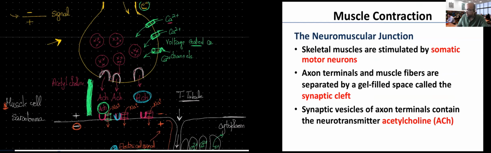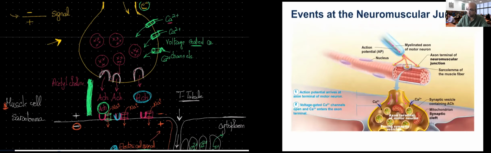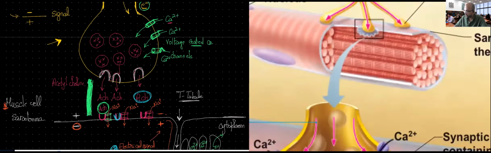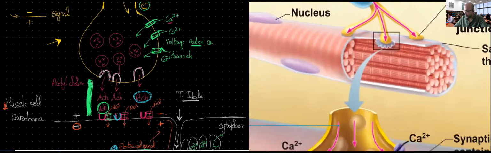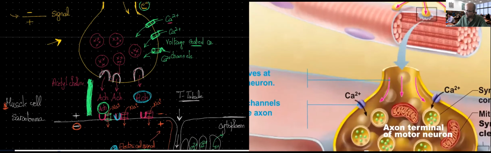Synaptic vesicles of the axon terminals containing the neurotransmitter acetylcholine will be releasing their contents in the synaptic cleft if I received a signal down from the brain. So again, what we're looking at in here is the junction between the nerve cell and the muscle fiber. What happens again?